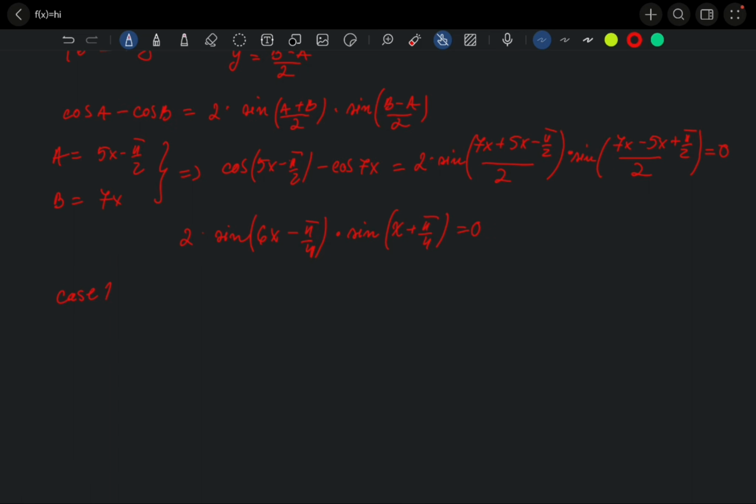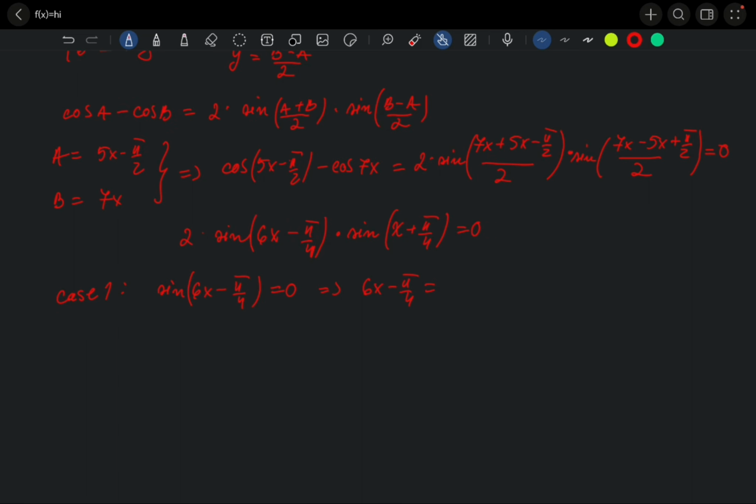So case number 1, in which sine of 6x minus pi by 4 is equal to 0, and that implies that 6x minus pi by 4 is equal to what? Well, at what values does the sine function cancel out?